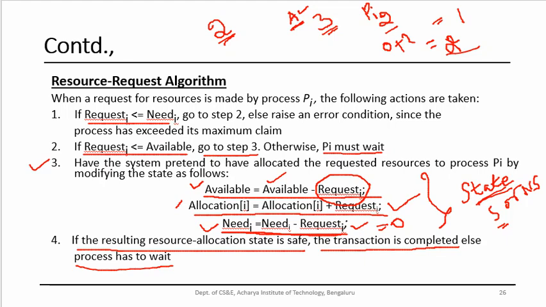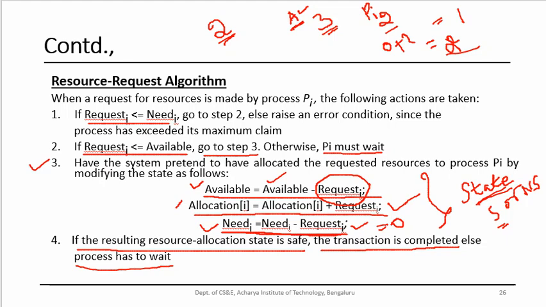I hope you understood this resource request algorithm. So why is this called a deadlock avoidance algorithm? We don't just grant the request made by the processes. We call an algorithm called the safety algorithm and check whether granting the resources requested by the process will take the system to a not safe state.